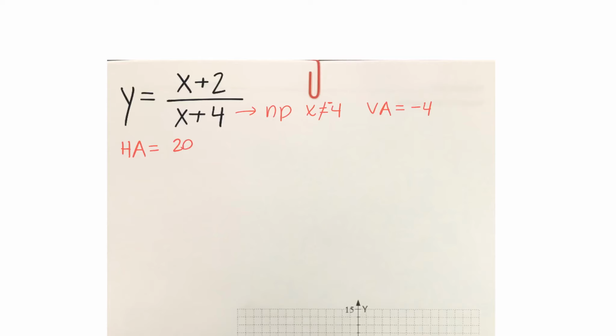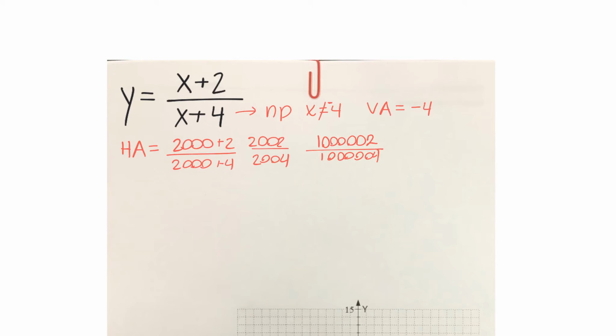We would have 2,000 plus 2 over 2,000 plus 4, which is 2,002 over 2,004. Okay. Let's put in a million. We would have 1,000,002 over 1,000,004.